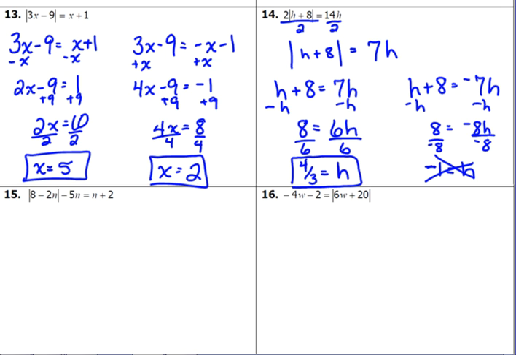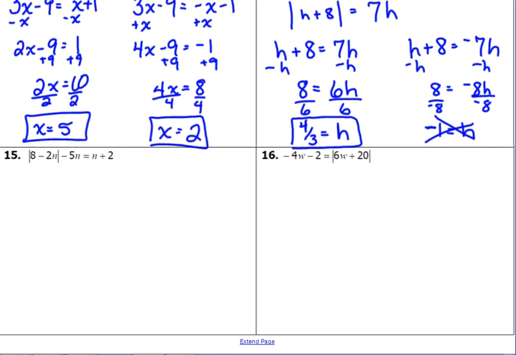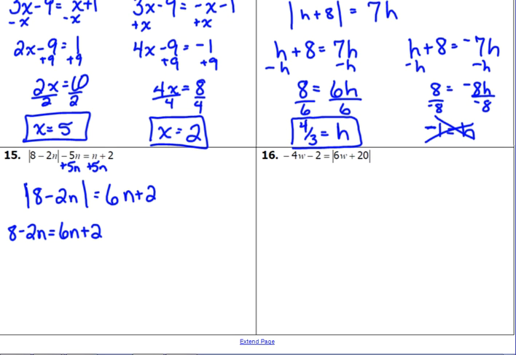All right. Let's look at 15. Okay, 15. We've got to get it by itself first, so we have to start by adding that 5 to the right side. Absolute value 8 minus 2n, 6n plus 2. 2 scenarios. You just drop the absolute value bars, keep everything the same.